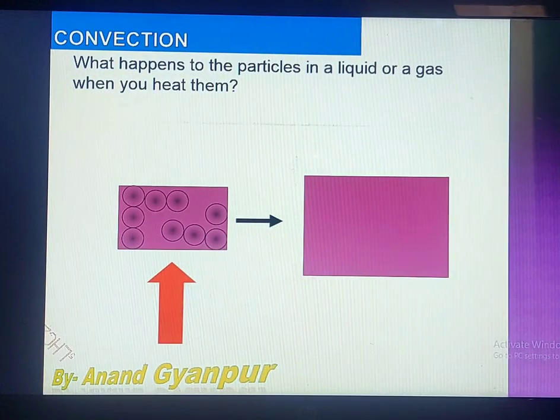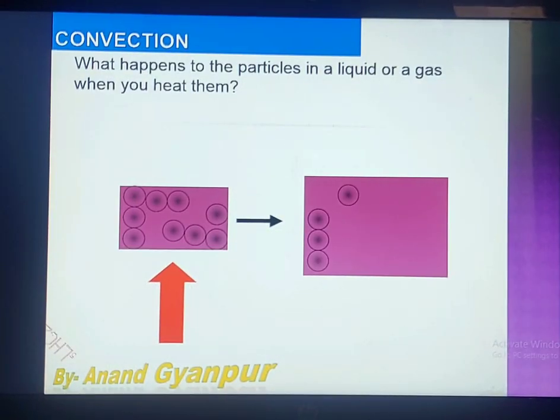Now the second phenomenon is convection. First was conduction, second is convection. So what happens to the particles in a liquid or a gas when you heat them up? Here is a particle shown in a liquid, like water.